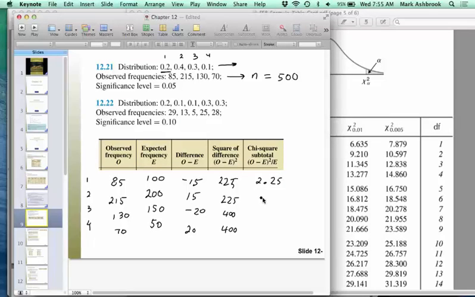That would be 1.125. 4 over 1.5 would be, help me out, 2 point something. 6, 7. And then this one is 8, right? Did I do the math right?